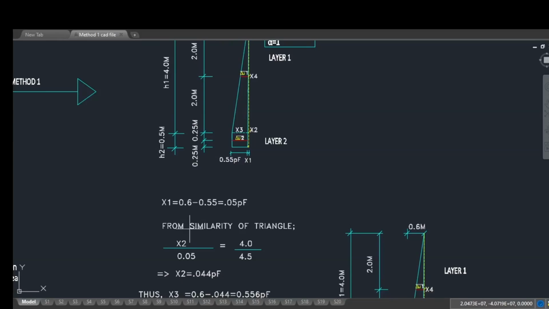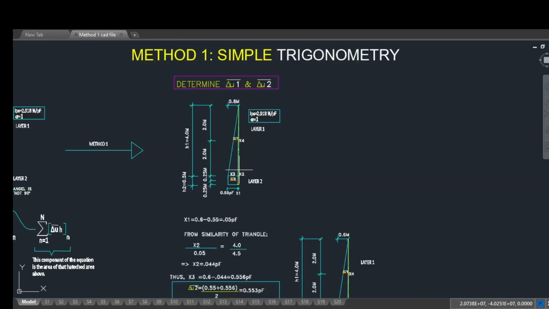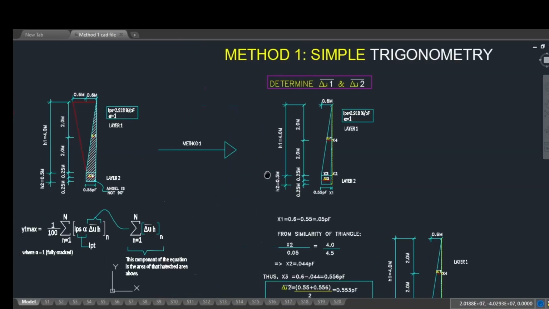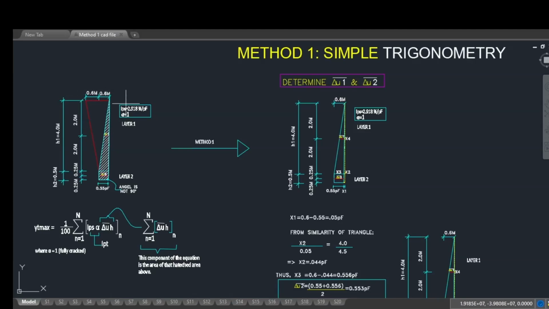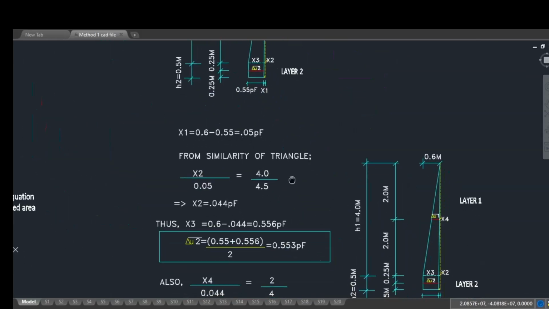x1 is simply 0.6 minus 0.55, and that will be 0.05. Now where does 0.6 come from? It is half the suction change at the surface. The suction change at the surface is 1.2 picofarad, half of that is 0.6. So x1 is 0.05.